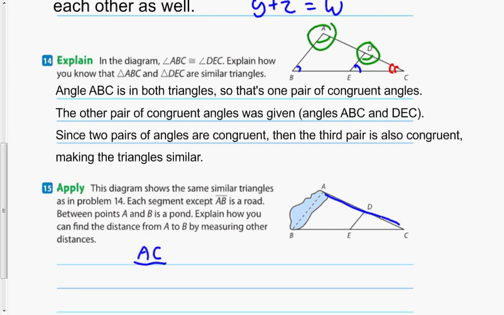If I put that over the corresponding part in the smaller triangle, that would be DC, because they're both that top side. That should be the same ratio. So let's just say it was 1 to 2. That should be the same ratio as BC over the corresponding side in the smaller triangle, which would be EC. So BC and EC.